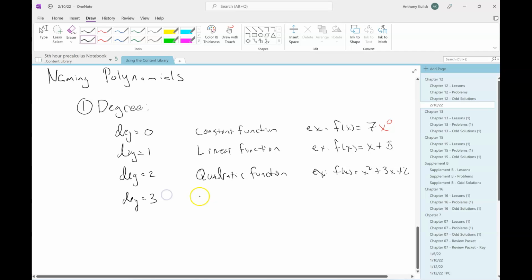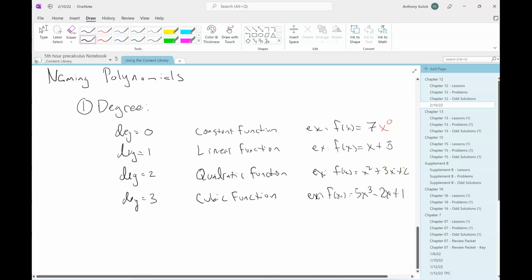If the degree is 3, we call that a cubic function. So maybe we have 5x cubed minus 2x plus 1.